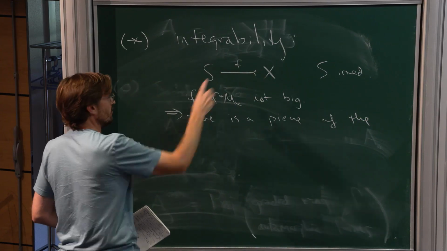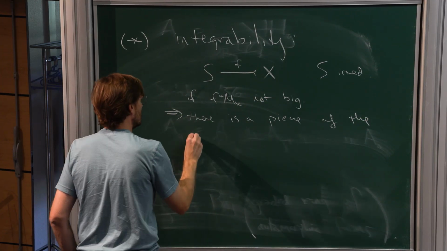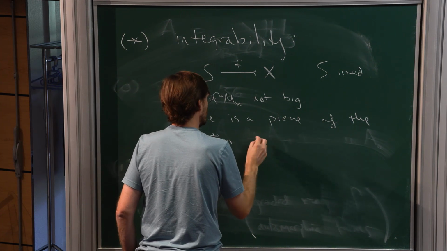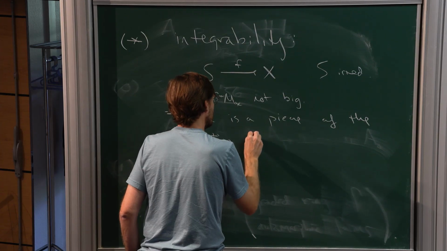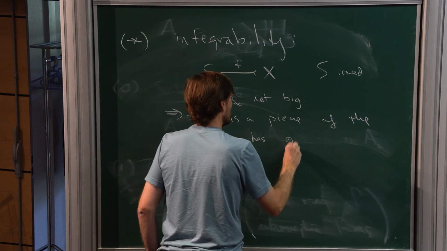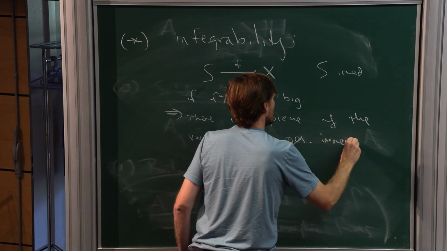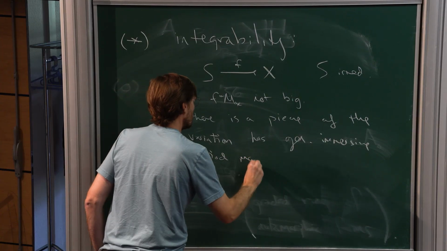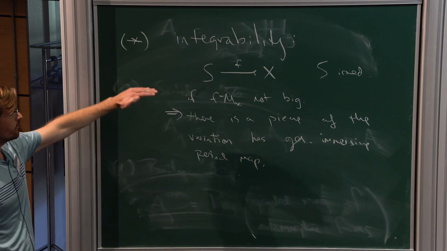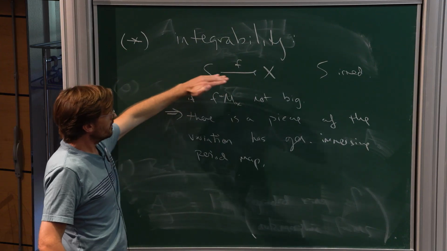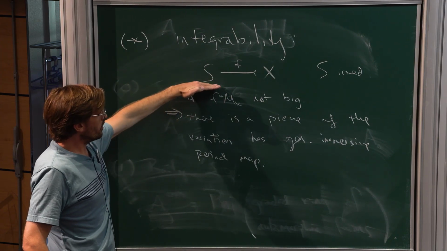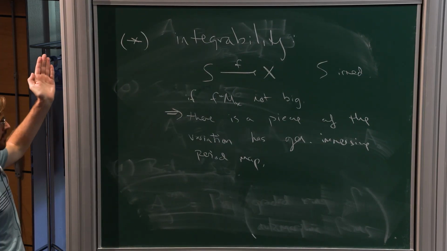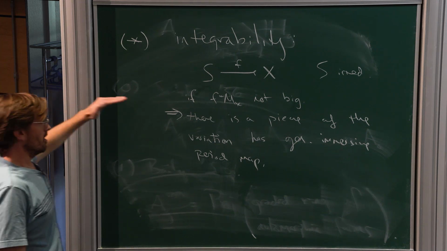So the condition is that whenever this happens, there is a piece of the variation whose period map is generically immersive. This is to rule out there being parts of S, transcendental curves inside of S along which the variation is trivial, but not algebraic curves along which it's trivial.